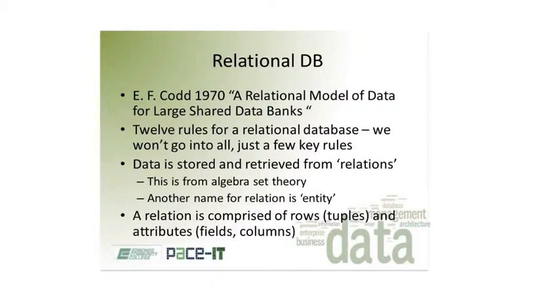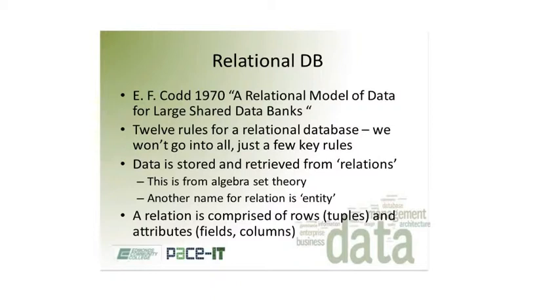So he proposed 12 rules. We're going to distill those rules down to the ones that have to do with data modeling and data storage. So the fundamental rule is that data gets stored and retrieved from what are called relations, and this again comes from algebra, relational algebra, set theory actually.